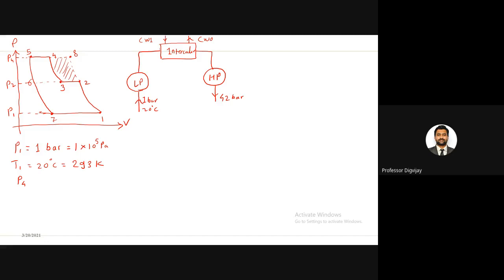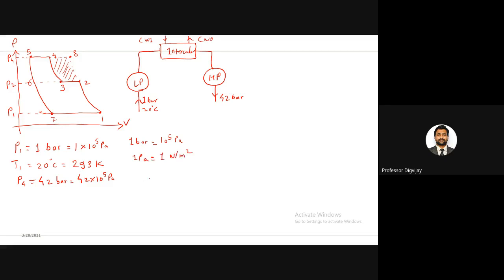So here P4 is given as 42 bar. Or I can say 42 into 10 to power 5 Pascal. Okay. Always remember to convert this unit. So 1 bar pressure is equal to 10 to power 5 Pascals. Okay. So 1 Pascal is actually 1 Newton per meter square.